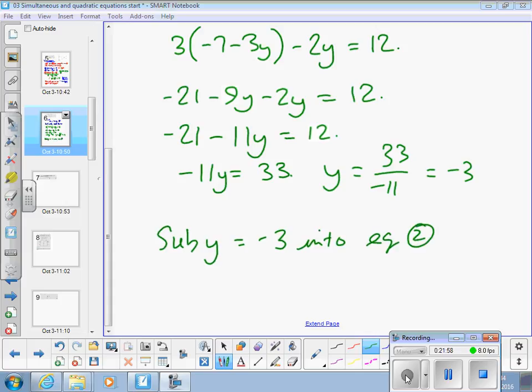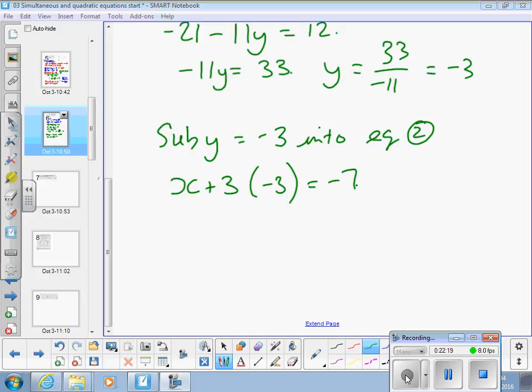Sub y equals minus 3 into equation 2. So what do I need to write then? x plus 3... x minus 9 equals minus 7.